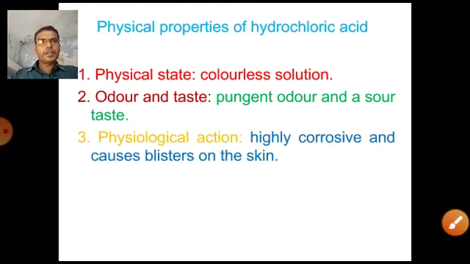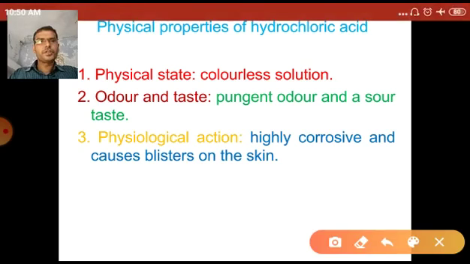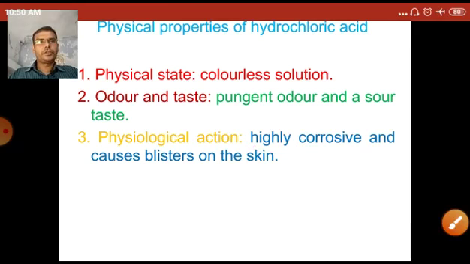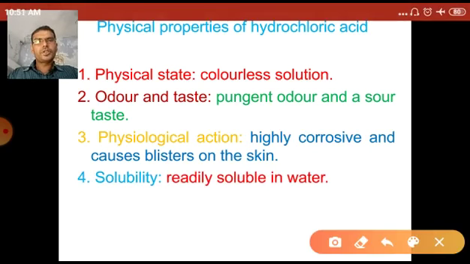Now physiological action. Hydrochloric acid is a strong acid, so it has a highly corrosive nature and causes blisters on the skin, like other strong acids. The solubility: hydrochloric acid is highly soluble, readily soluble in water.